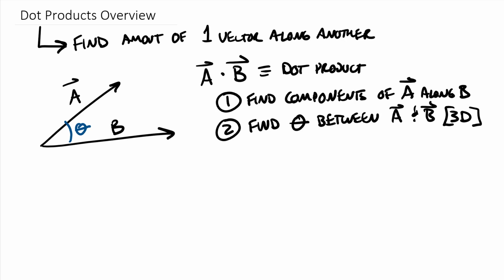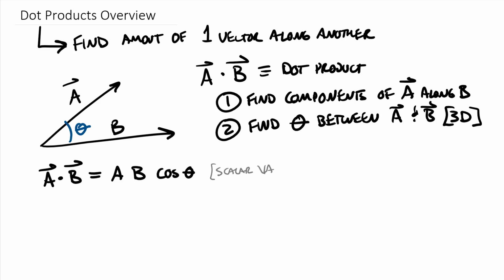So our most fundamental definition of a dot product is that A vector dot B vector always will give us the magnitude of A times the magnitude of B times the cosine of that angle theta between them. Okay, so recognize that if you dot two vectors, you end up with a scalar value.